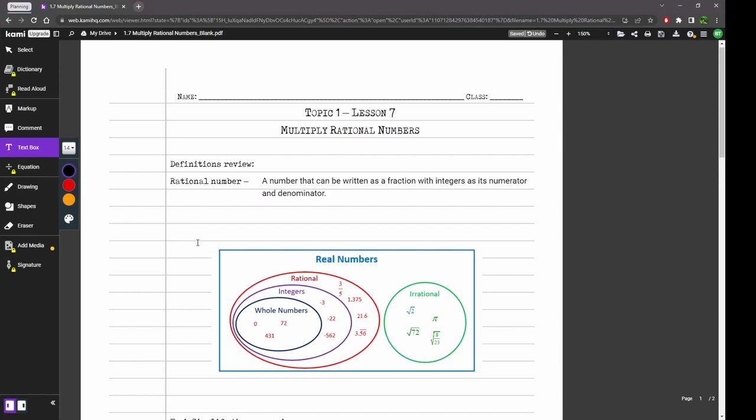Take a second to write that one down. It is a number that can be written as a fraction with integers as its numerator and denominator.